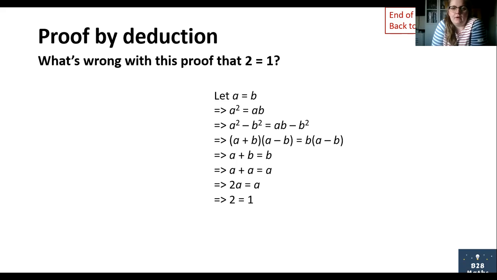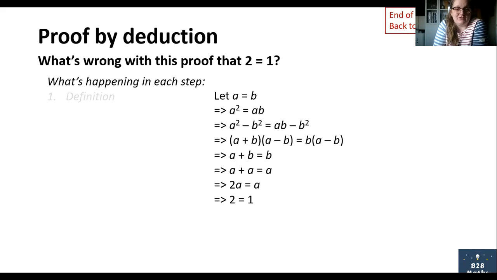So if a squared equals ab, therefore a squared minus b squared equals ab minus b squared. So that would then, if we factorize that, we have a plus b multiplied by a minus b equaling b multiplied by a minus b. Therefore, we get a plus b equals b, a plus a equals a, 2a equals a, 2 equals 1.